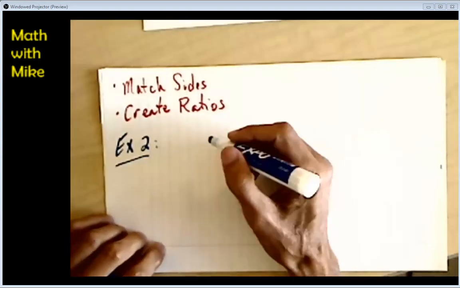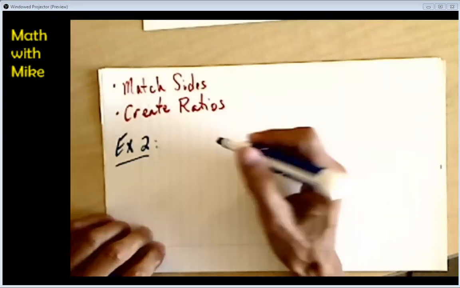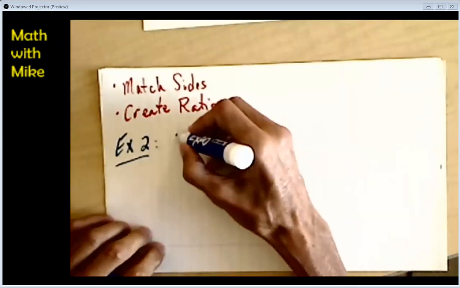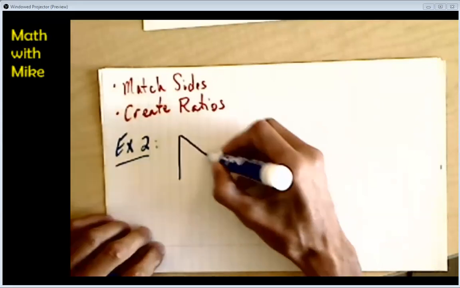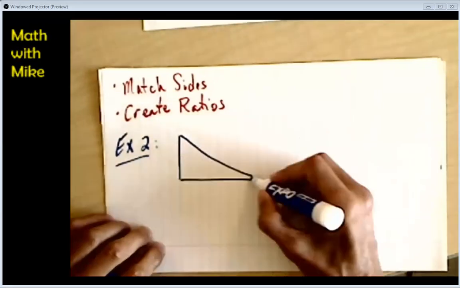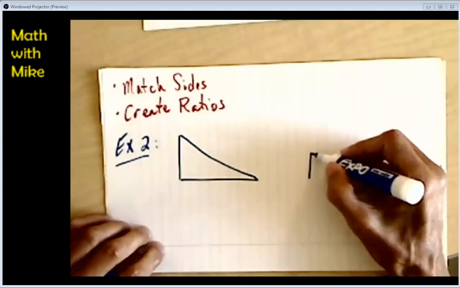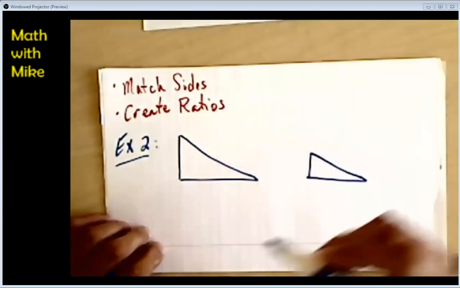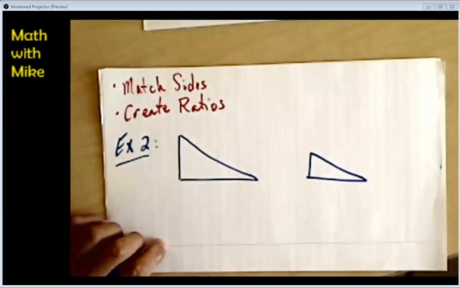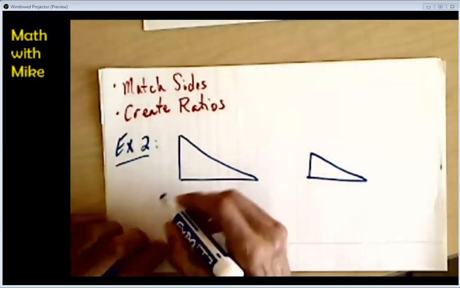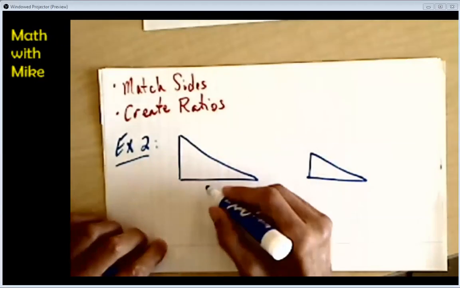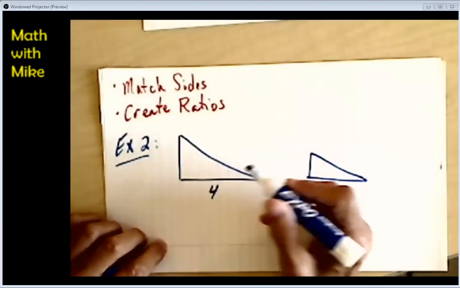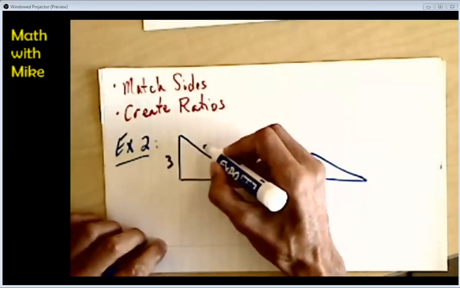Let's see, you got something that looks like this. And that's the big one, and that's the small one. Okay, that to me looks like a 4, a 3, a 5.